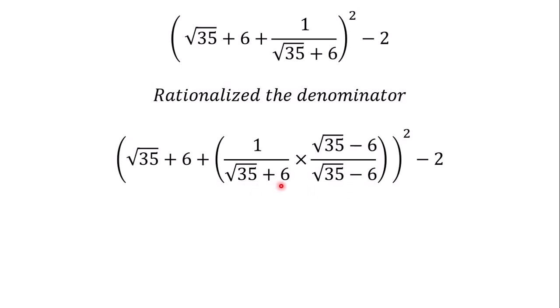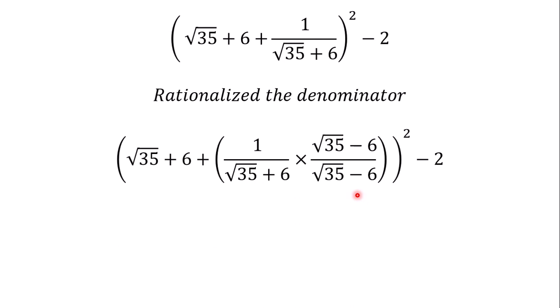Now let's pick this one. So when we multiply this one by this one, we had 35 minus 6 root 35. Now let's pick 6. When you multiply 6 by this one, you're gonna get 6 times root 35 will give us what? Plus 6 root 35, and then 6 by minus 6 will give us what?